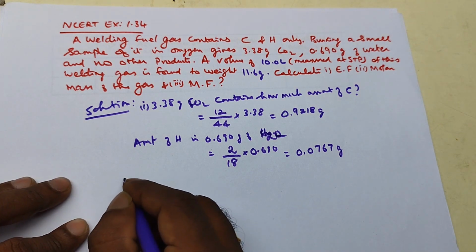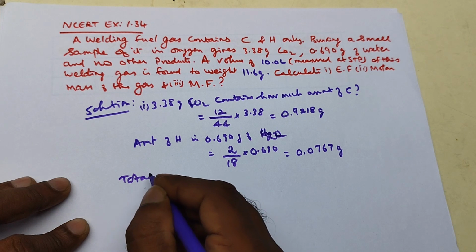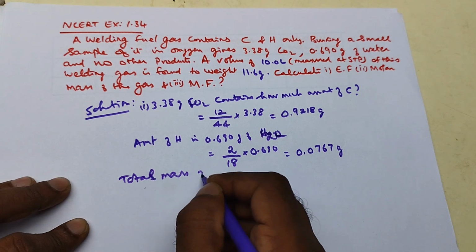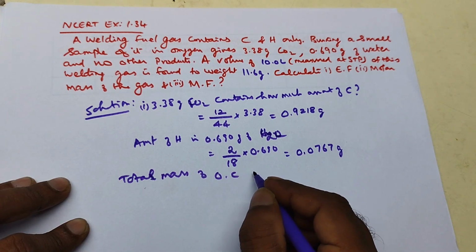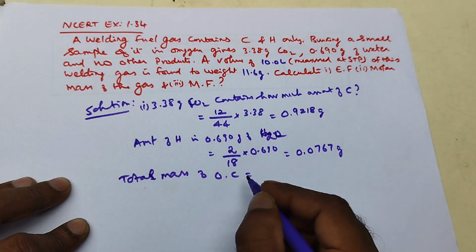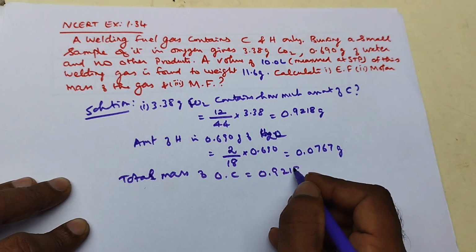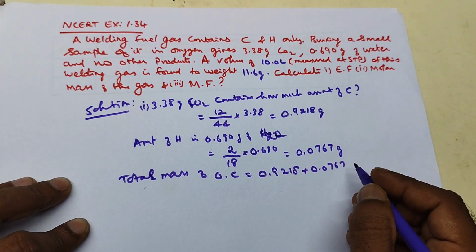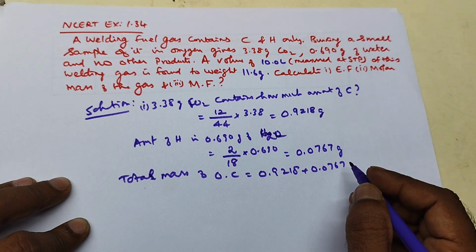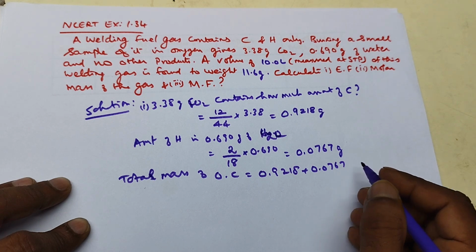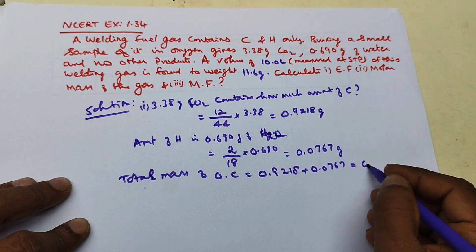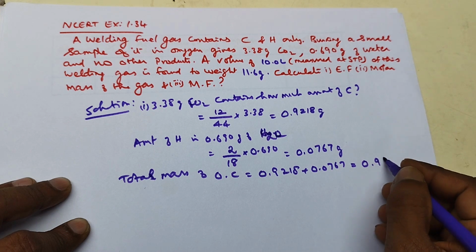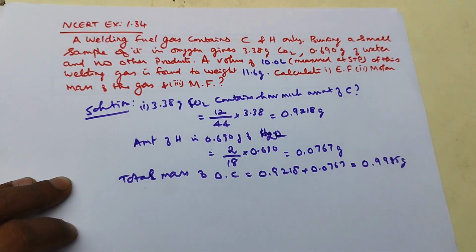So the total mass of the organic compound: you have to add these two values, 0.9218 plus 0.0767. So we are getting 0.9985 grams.